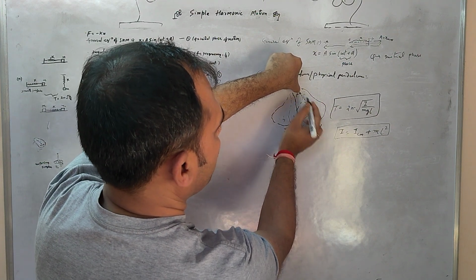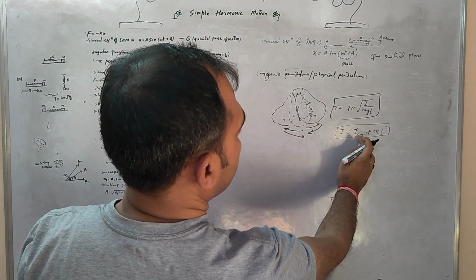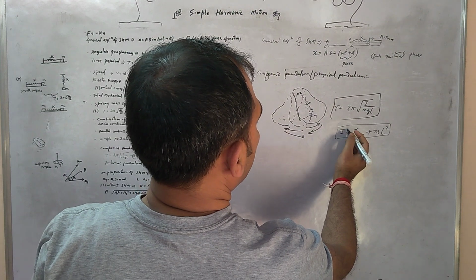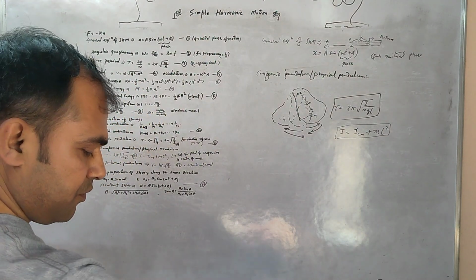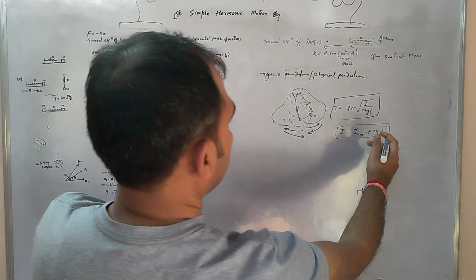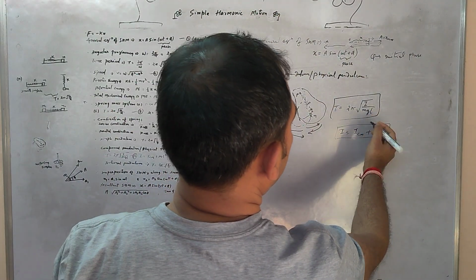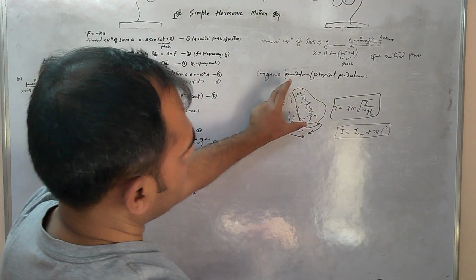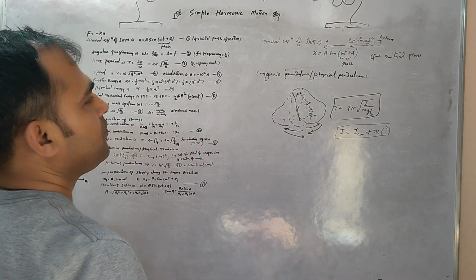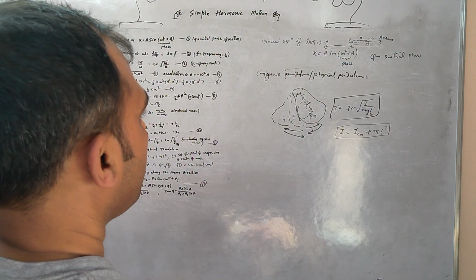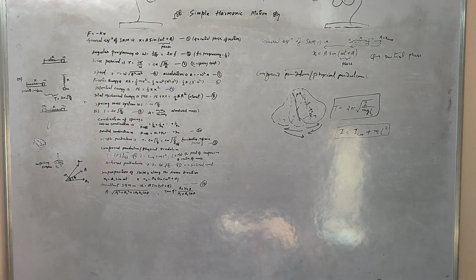So this I given in the formula is equal to I_CM plus mL square. So this was the formula for a compound or physical pendulum. This is also important.